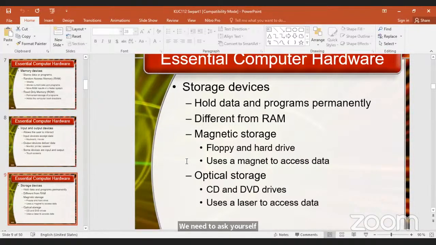So storage usually holds data and programs permanently, and storage is different from RAM and ROM. We have different types of storage devices, like magnetic storage, where we have the floppy disk and hard drive. We have optical storage, like CDs and DVDs, that store data permanently.